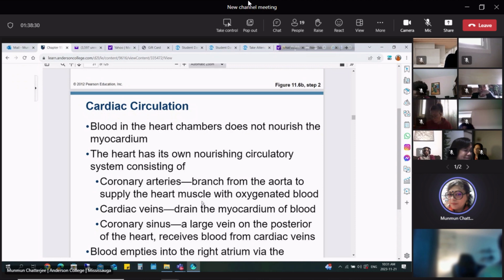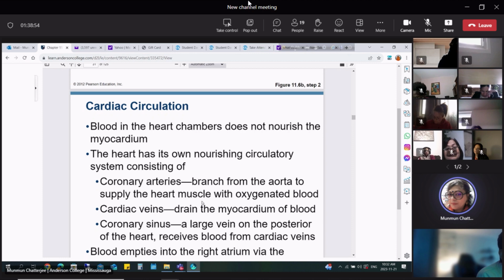Cardiac veins are the same thing. When the coronary artery supplies the heart muscles and heart region, the vein originates from there and drains the myocardium of blood. What is the coronary sinus? A large vein on the posterior of the heart that receives blood from the cardiac veins.